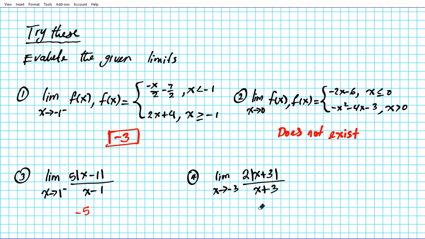And for question 4, the limit does not exist. For this one, you're going to have negative 2 from the left of negative 3 and then positive 2 from the right. So the answers are different, which basically means that the double-sided limit does not exist.